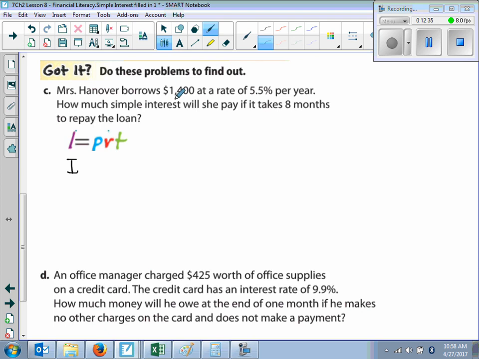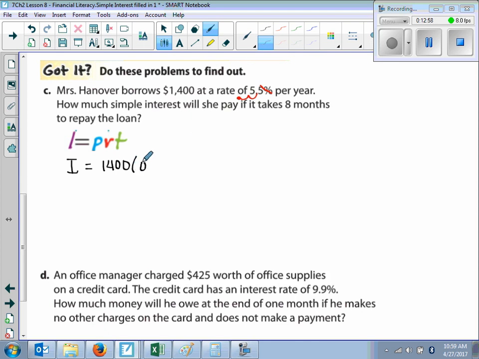The principal is 1,400, so that's equal to 1,400 times the interest rate, which is 5.5%. The 5.5%, remember, we have to change that to a decimal. Move the decimal 2 places to the left and take away the percent sign.